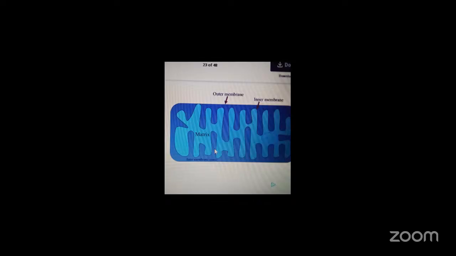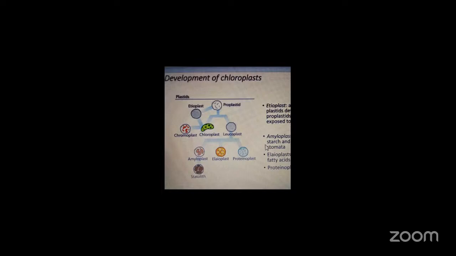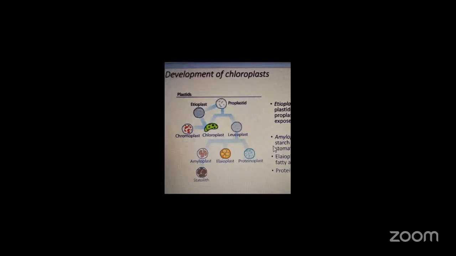Here, different types of plastids are present: etioplast, proplastid, chromoplast, chloroplast, leucoplast, amyloplast, elaioplast, proteinoplast, and statoliths. So these are there.